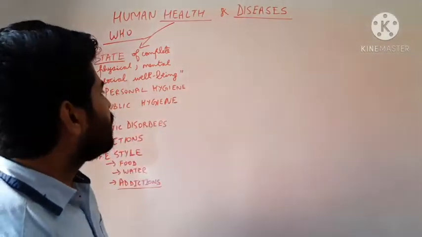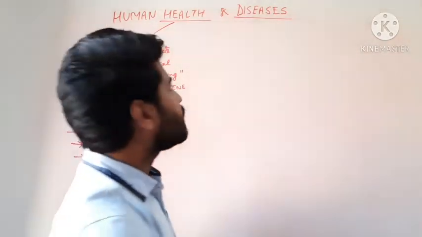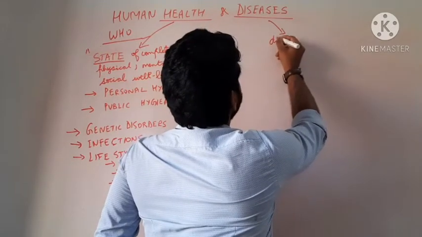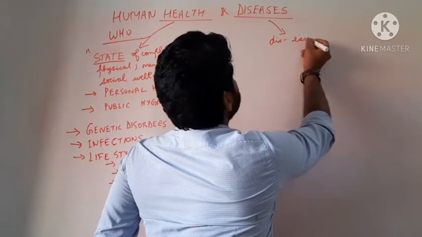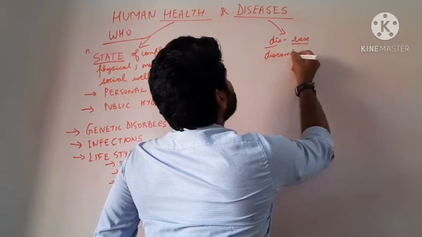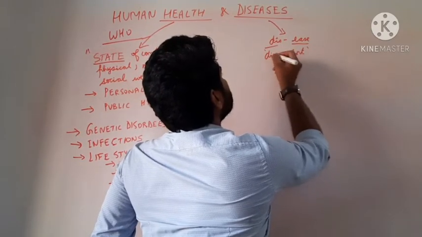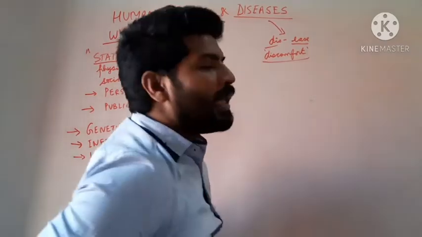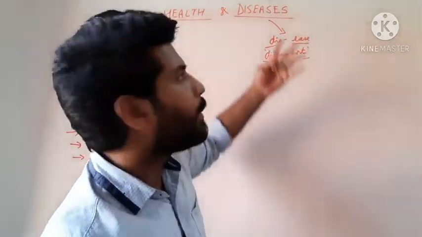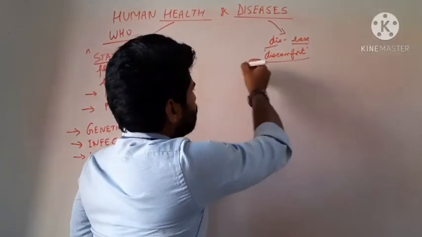Let us look at the next word, that is disease. So if you break down this word, there is some kind of a discomfort in the body. So anything that brings about discomfort in the body can be termed as a disease.